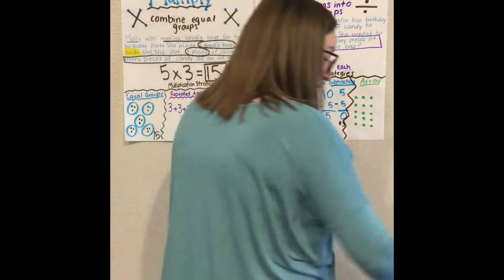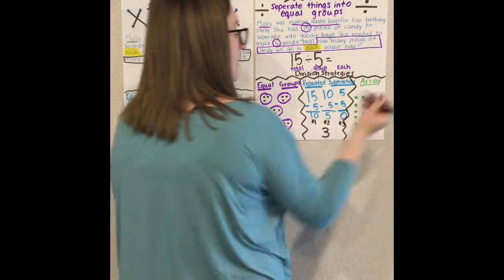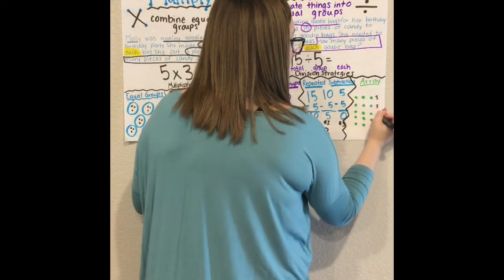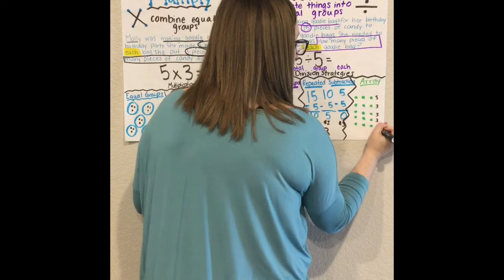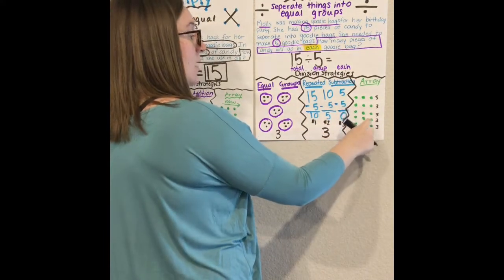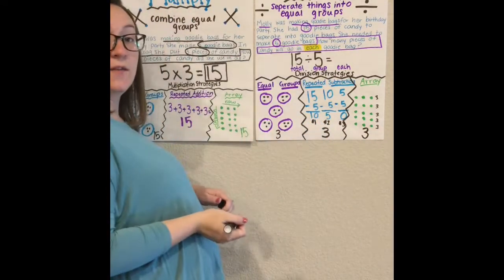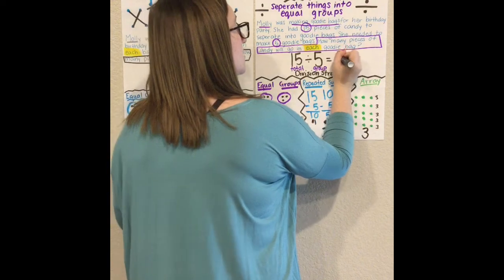And then how many do you see in each row? 3, 3, 3, 3, 3, 3. Same thing like over here. If you have the same amount in each row, you know your answer is 3. So 15 divided by 5 is 3.